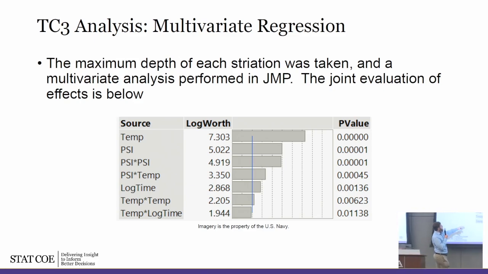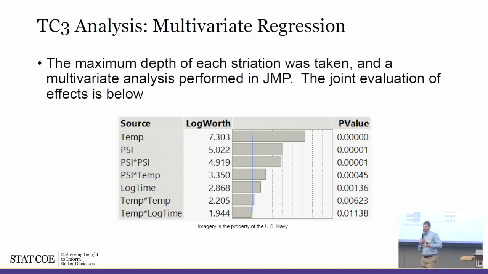Here, this is in order of importance in the final model, which I'll show in a few slides how we got to. But temperature and pressure were still, as main effects, the most important. But then here we have the quadratic in pressure, and then an interaction before time comes in.